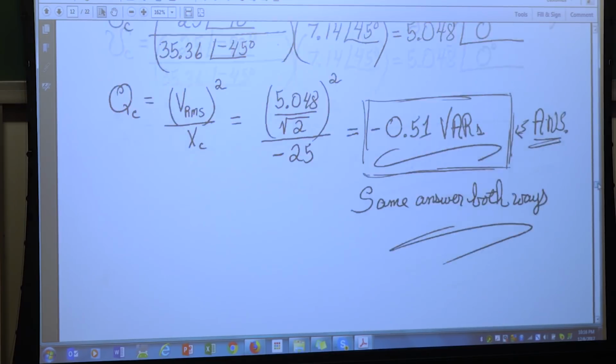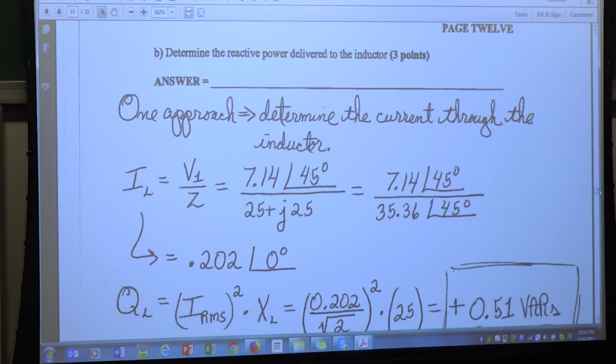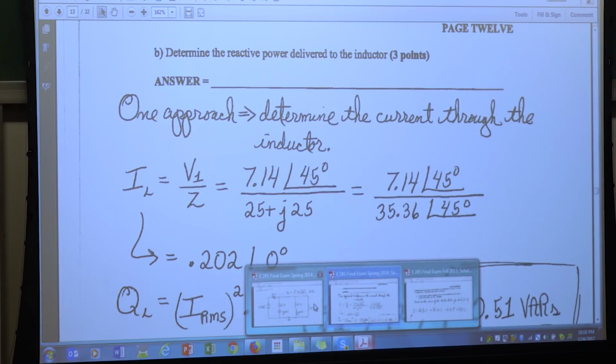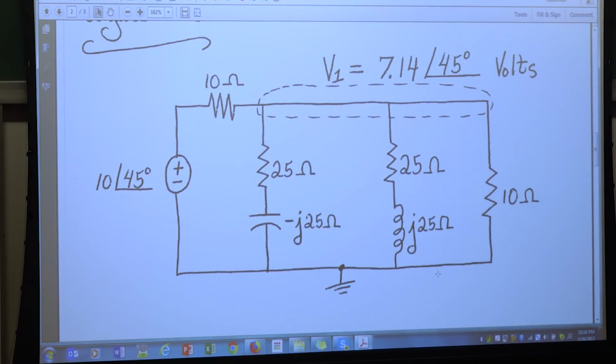Now I ask part B, determine the reactive power for the inductor. It's the same approach. Let me just go back and look at the circuit. So how am I going to get the reactive power to the inductor?